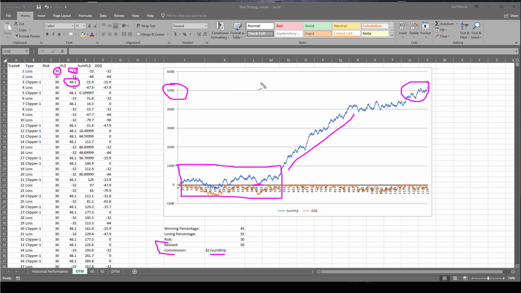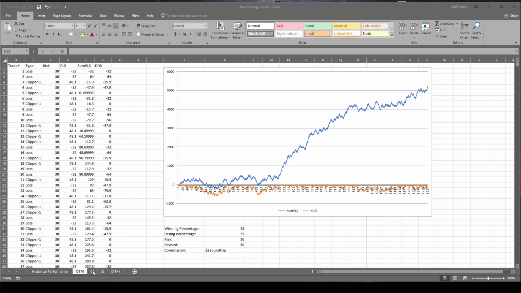Now, again, you can see that over time, this has made over $5,000 in profit. Very rocky start. And it is during this rocky period right here that most traders just actually give up. They can't continue mentally or financially to trade this system, even though it's a profitable system.